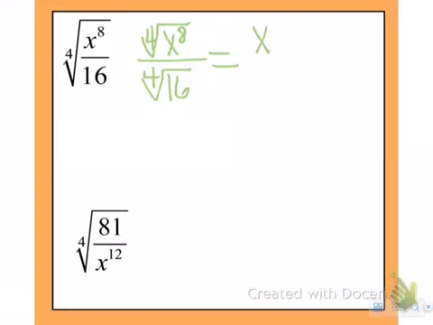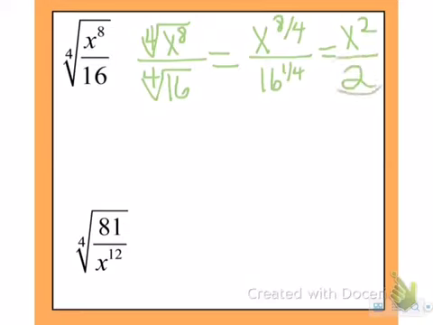So this would give me x to the 8 over 4 over 16 to the 1/4 power, which we can put in the calculator. 8 over 4 reduces to be 2. And if you put 16 to the 1/4 power in your calculator, it will tell you that it's equal to 2. So we're going to work on these some more in class today. Good luck.